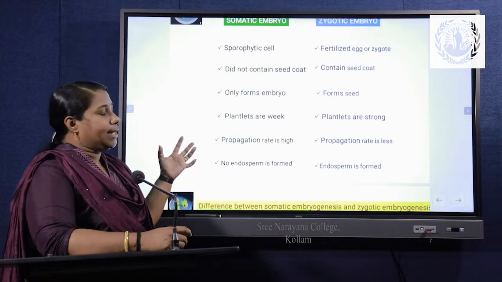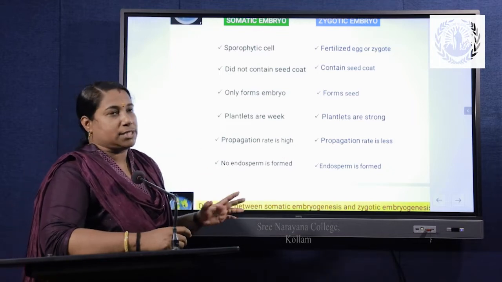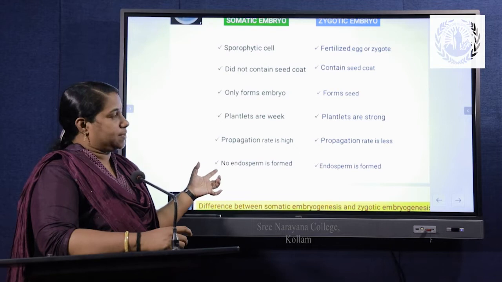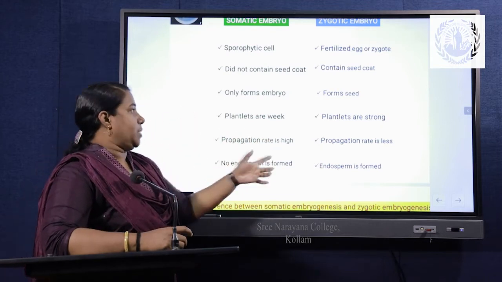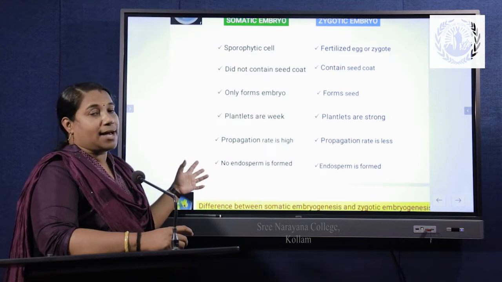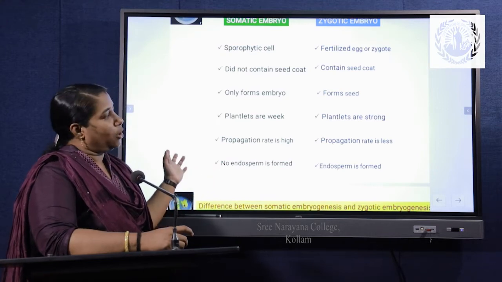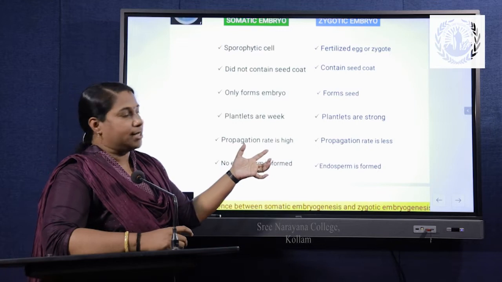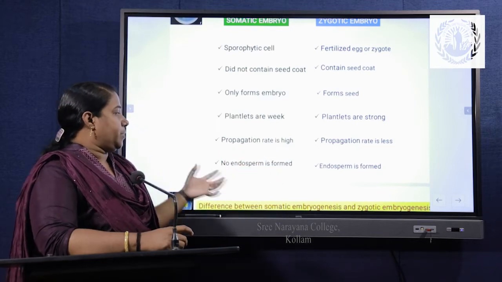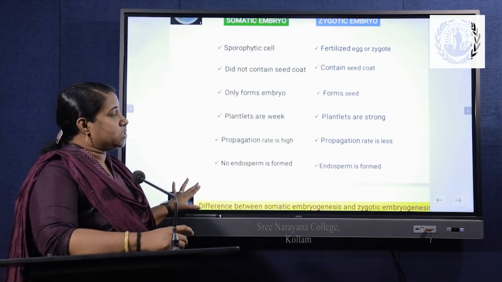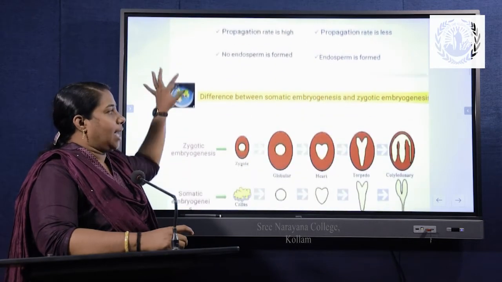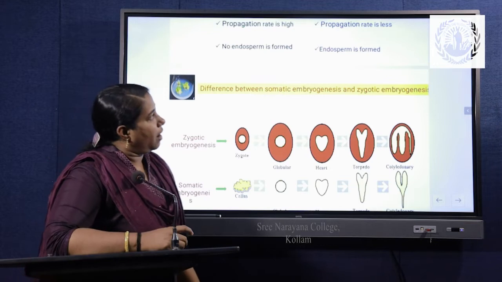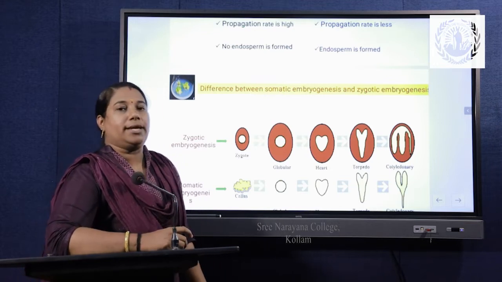Only embryos form and no seed formation occurs in somatic embryogenesis, whereas zygotic cells form seeds. The propagation rate is very high in somatic embryogenesis, whereas it is less in zygotic embryos. No endosperm formation occurs in somatic embryos, but endosperm is formed in zygotic embryos.